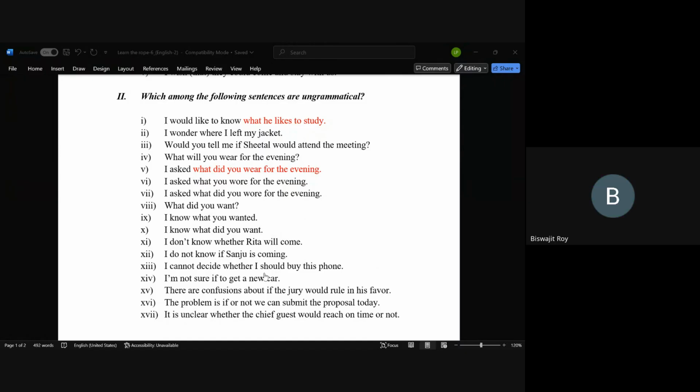The tense is out of the verb want, right? So the ninth one is the right version of this sentence: "I know what you wanted", and not "I know what did you want." "What did you want" basically converts your question clause into a question sentence, right? So that's wrong.